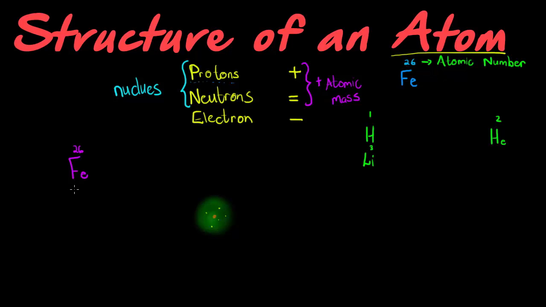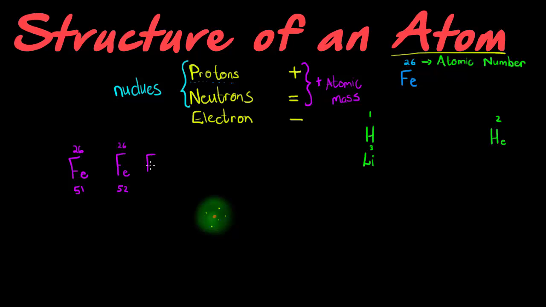That would make its atomic mass 51. Another one always has 26 protons, but it might have 26 neutrons as well. So that one will have an atomic mass of 52.